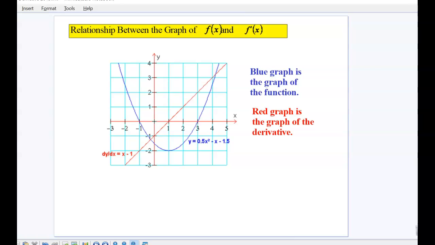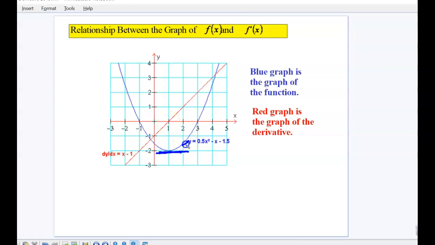So if you notice, the blue graph is my function. The red graph is the derivative of the blue graph. So basically, the red graph represents all the slopes of the tangent lines of the blue graph. Let's start at 1 on the blue graph. If I were to draw a tangent line at 1, it would be a horizontal tangent line, and that slope is 0. And notice that the derivative at 1 is 0.